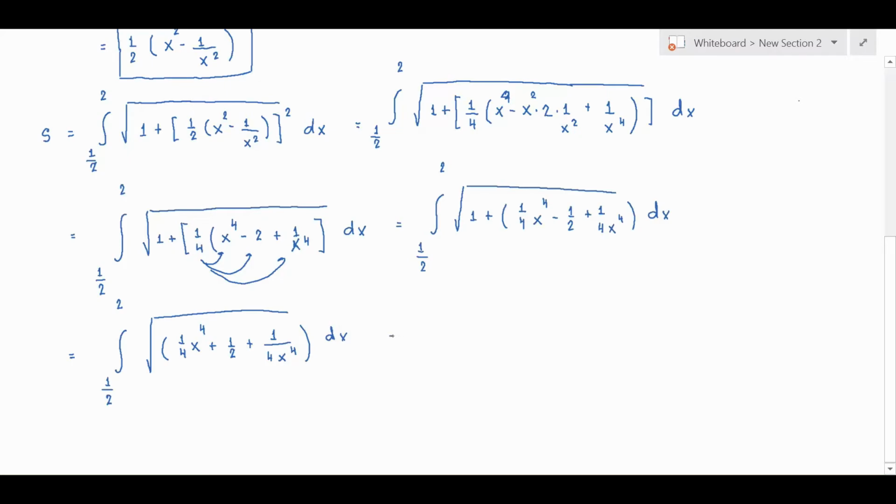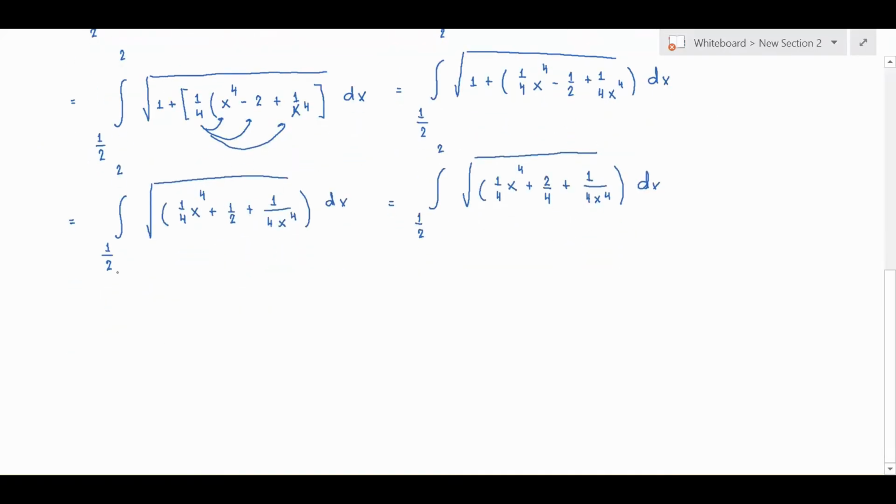Let me rewrite this a little bit. This is 1/4 x to the 4th plus, instead of 1/2, I'm going to write 2 over 4, plus 1 over 4x to the 4th, dx. Now it looks better. I'm going to factor out the 1/4.